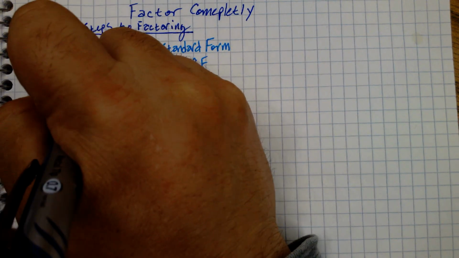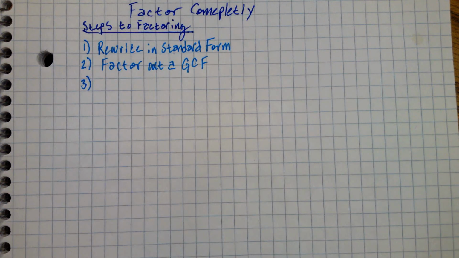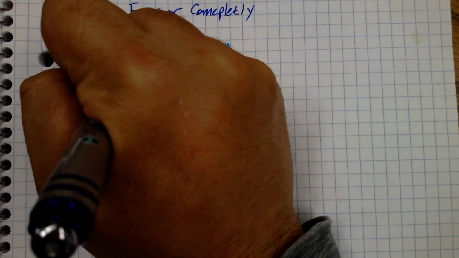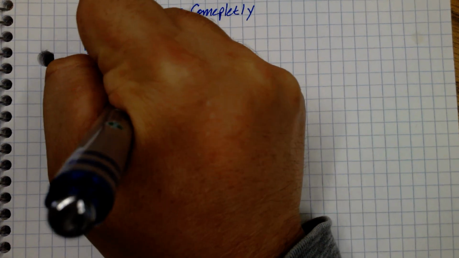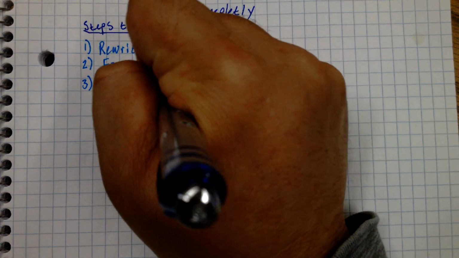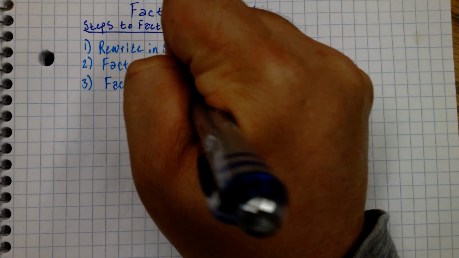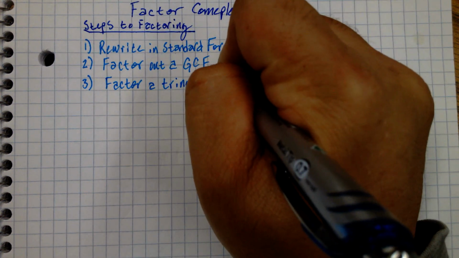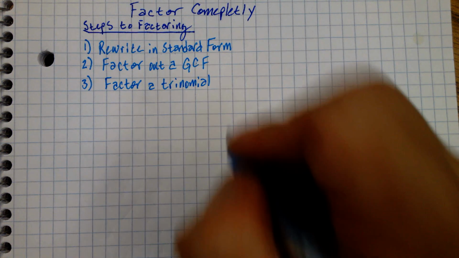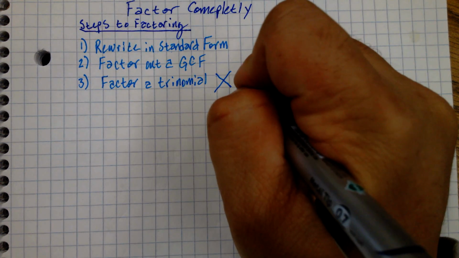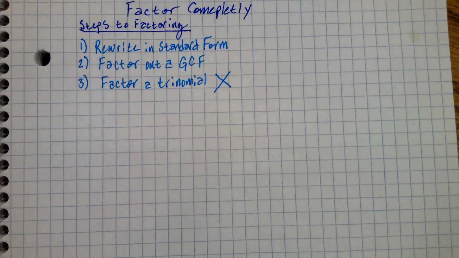And step three, usually you'll have a trinomial. So this is where we're using this, just to give you a hint.